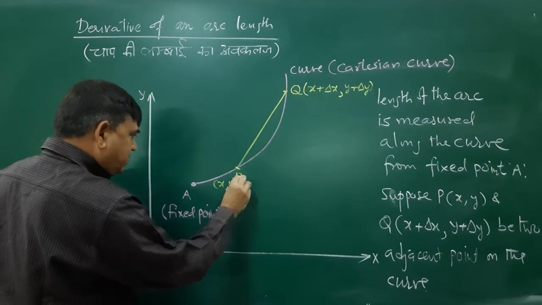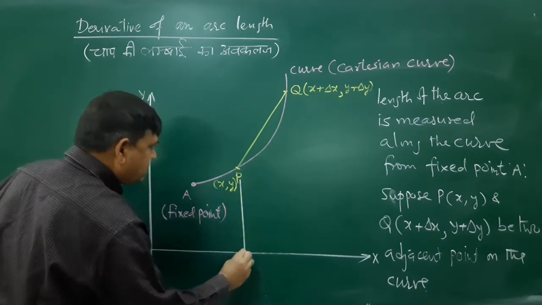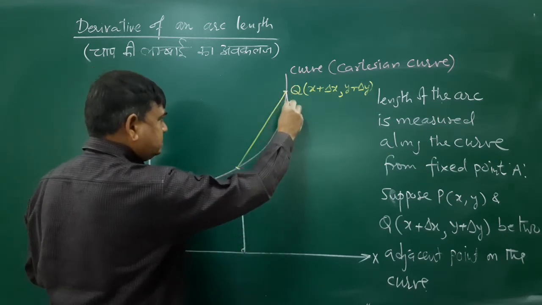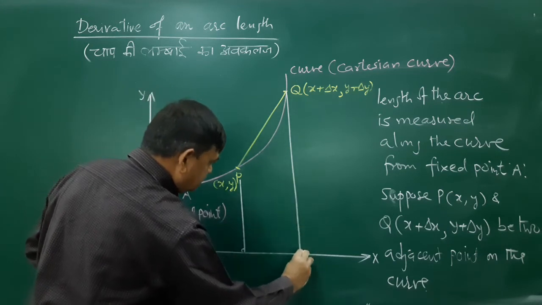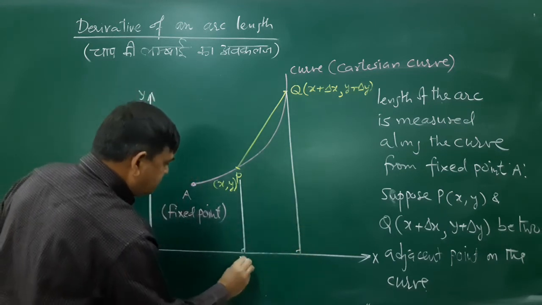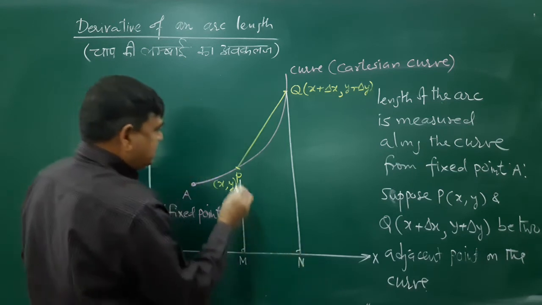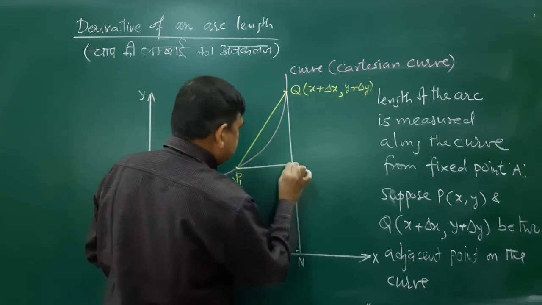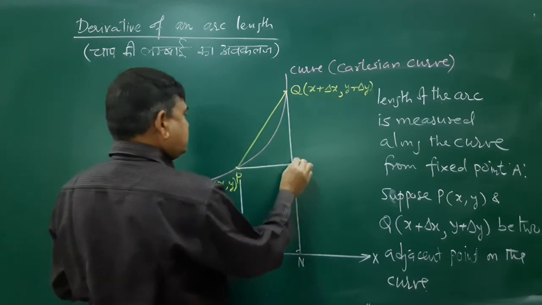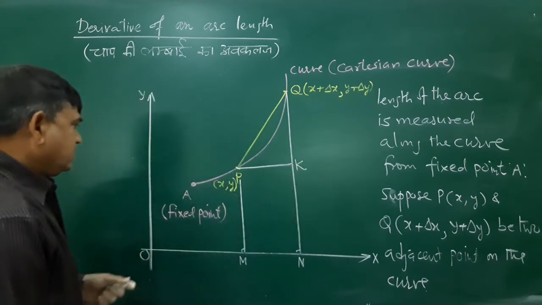Let us draw the perpendicular from P and Q. Suppose this is N, this is N, and here it is. Suppose this is K, for example.